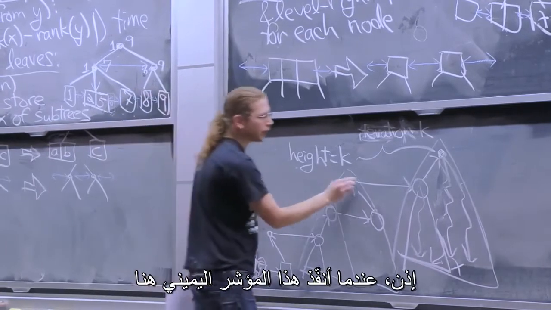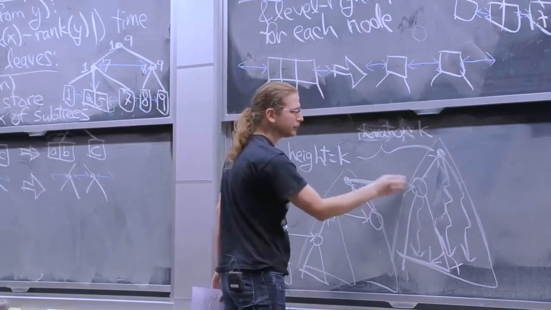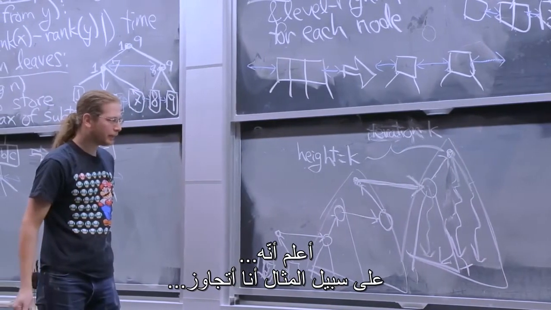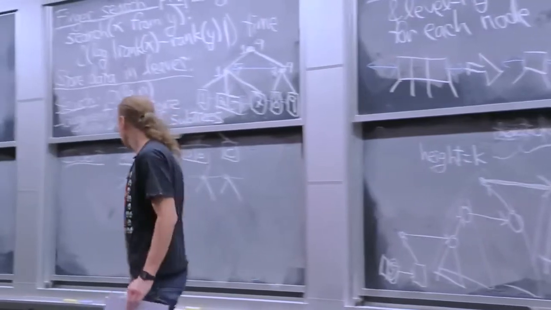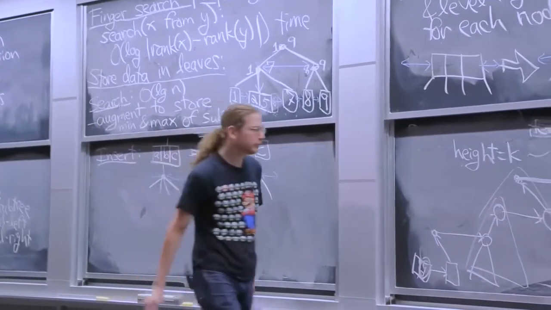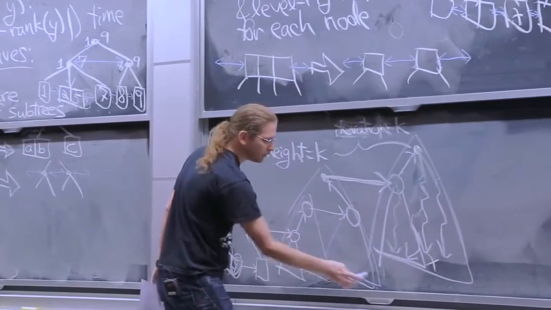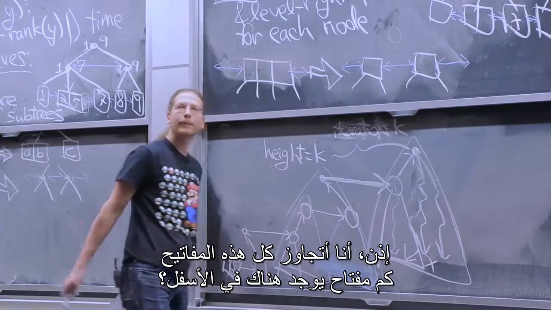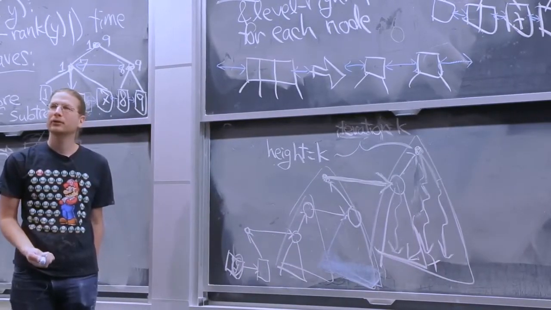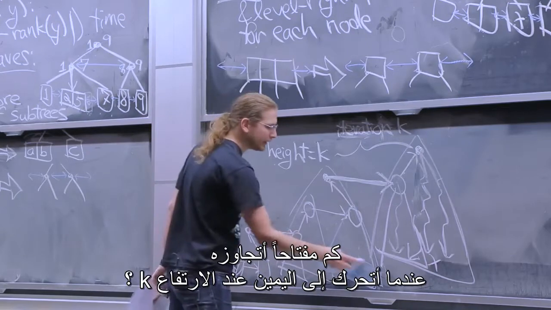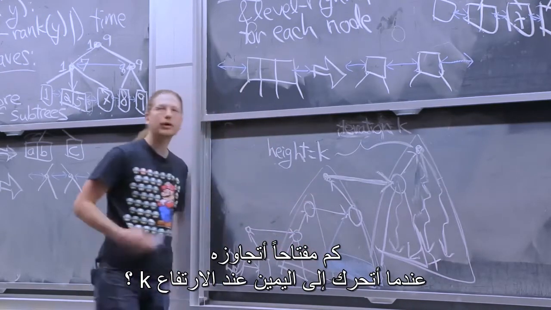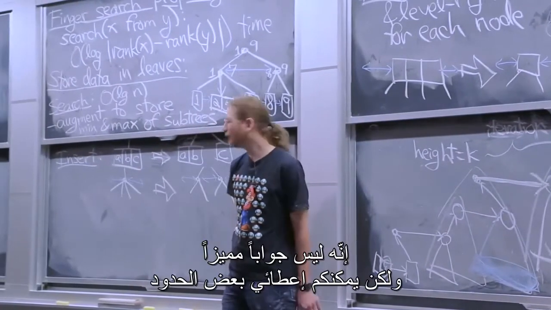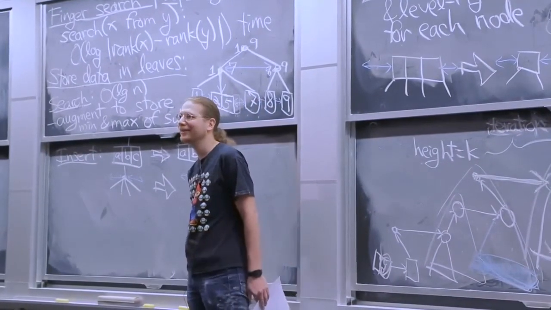So when I do this right pointer here, I know that, for example, I am skipping over all of these keys. The keys are in the leaves, so all these keys down here, I'm jumping over them. How many keys are down there? Can you tell me roughly how many keys I'm skipping over when I'm moving right at height k? It's not a unique answer, but you can give me some bounds.